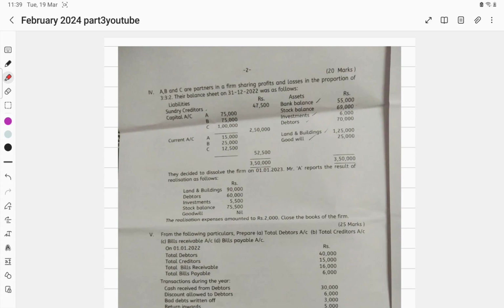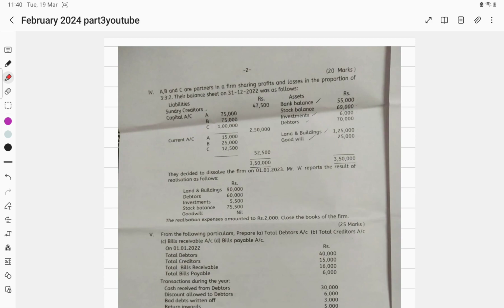Current account A 15,000, B 25,000, C 12,500, totally 52,500. Total liabilities 3,50,000. Assets: bank balance 55,000, stock 69,000, investment 6,000, debtors 70,000, land and buildings 1,25,000, goodwill 25,000, overall 3,50,000. They decided to dissolve the firm on 1/1/23.